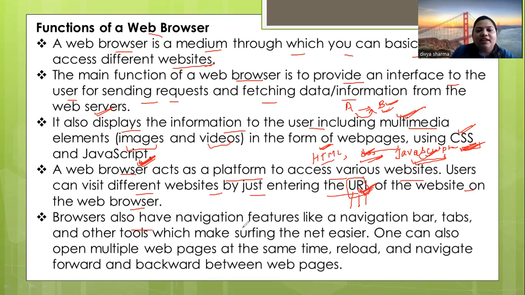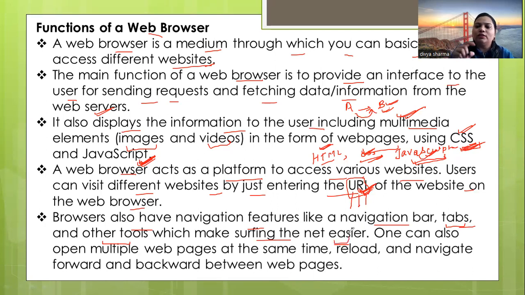Browsers also have navigation features like a navigation bar, tabs, and other tools which make surfing the net easier. So when we are going to open any website, we can see that on the top there is a navigation bar, and in the navigation bar there are tabs and so many search options and other tools which make surfing the net easier.